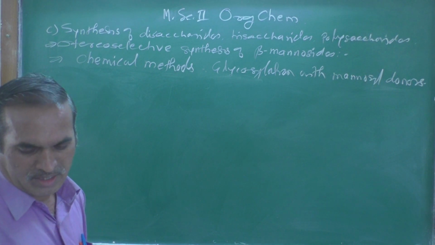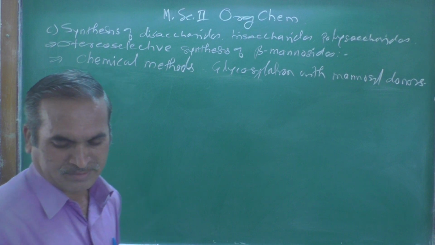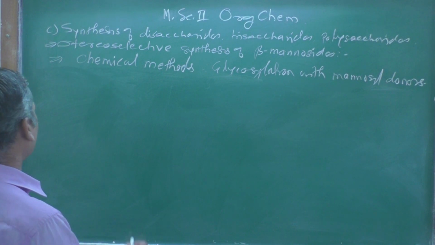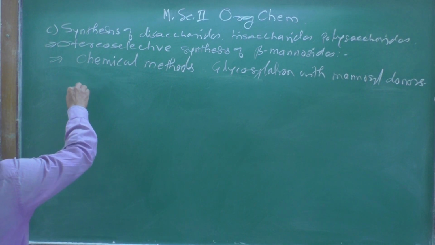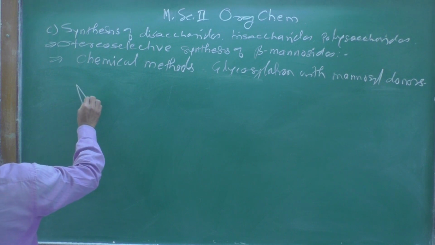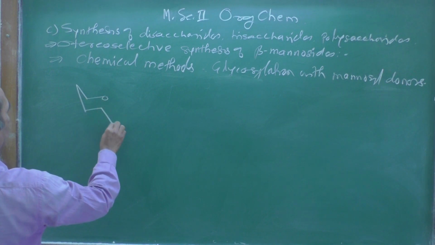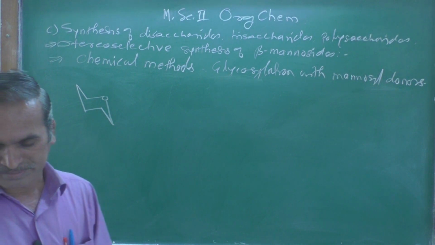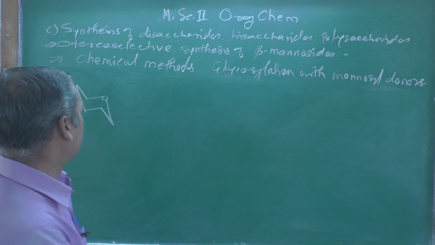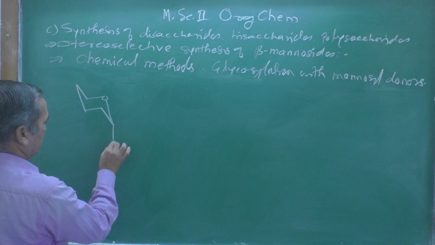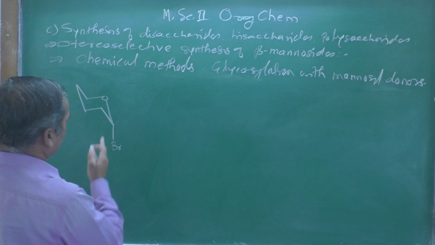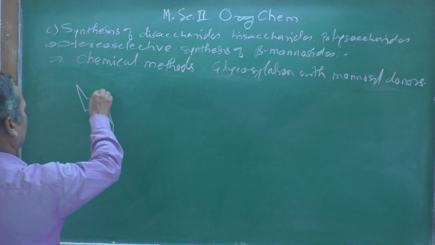Let us see what the starting material is. The starting material taken is here. Observe the structure carefully. You will see over here the bromide atom, which is present at the axial position.